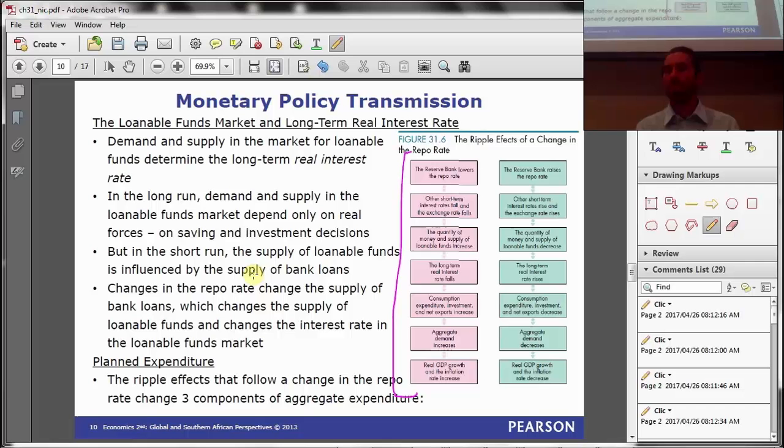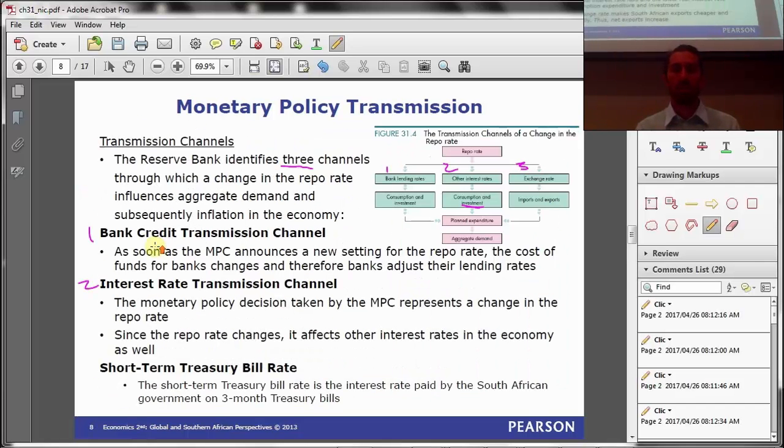Okay? So it's just an extension of that entire process. Remember, we said when you change the repo rate, it changes the bank's lending rates and it changes other interest rates. In other words, it changes interest rates in loanable funds markets, for example.